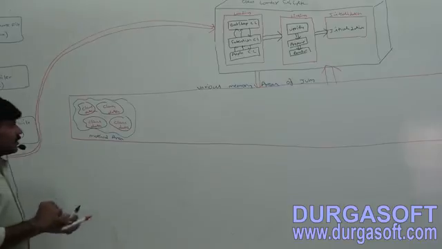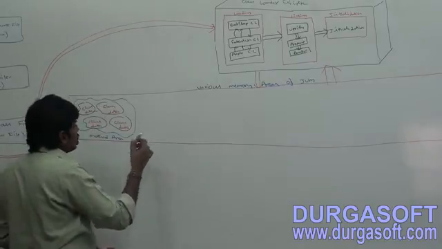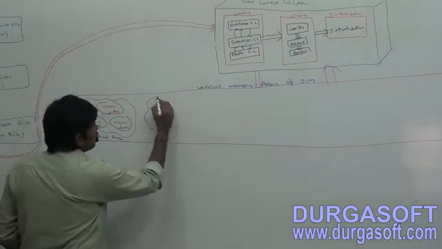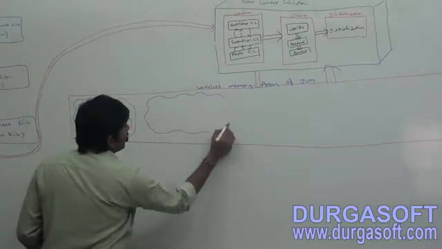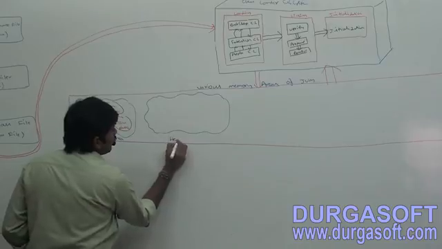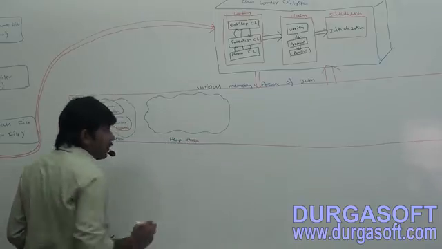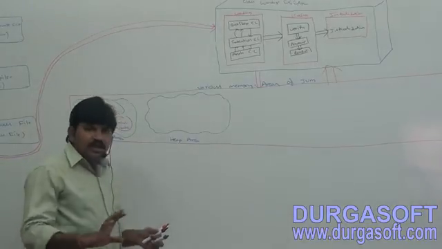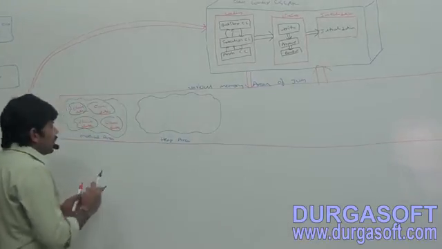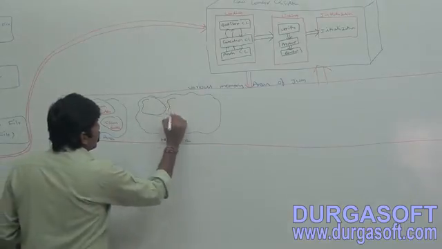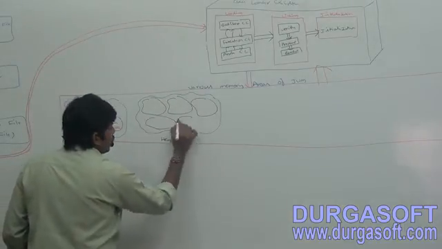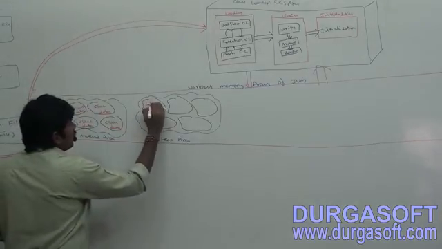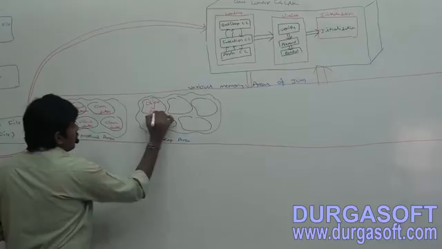Now the second memory area is the heap area, right? In the heap area, which data by default will be saved? Object data. Objects and corresponding instance variables will be saved in the heap area only.